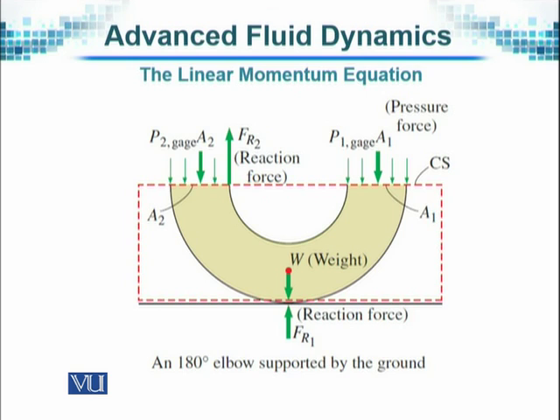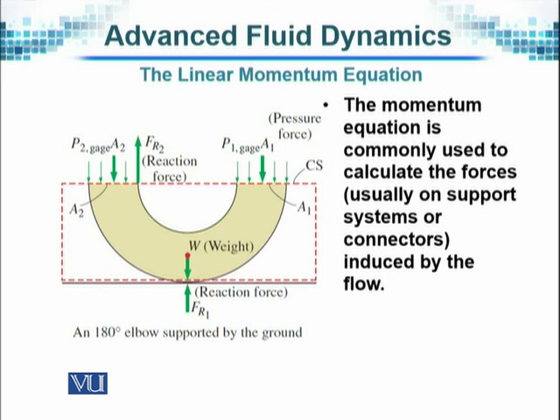This picture, of a small elbow, shows what kinds of forces are acting at different places. There is the gravitational force, the reaction force, atmospheric pressure, P1 and P2, or gauge pressure if we level out the atmospheric pressure, but in a fluid flow situation, when the fluid is flowing and distances are different, it can change.